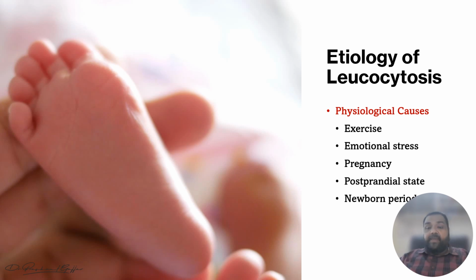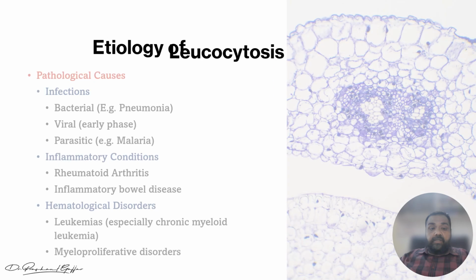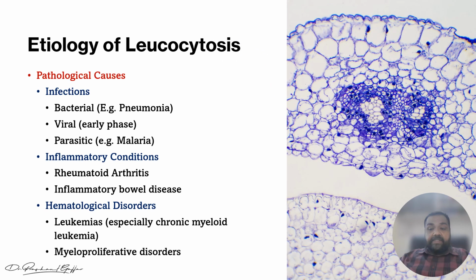Now let's see the etiology of the pathological causes of leukocytosis. The first pathological cause is bacterial infection, like pneumonia.